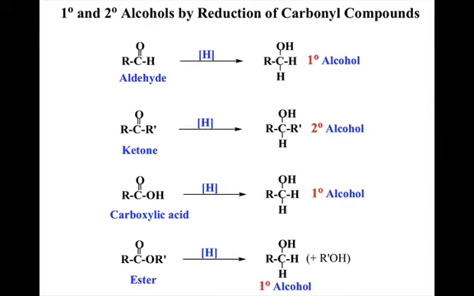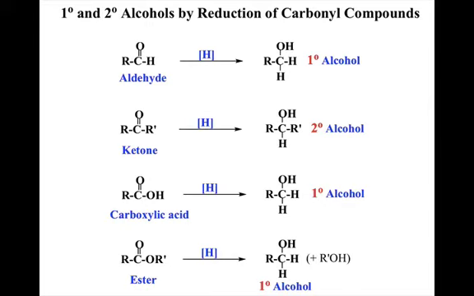So if we look at this, we notice that we can take an aldehyde and do a general reduction. Why am I using general reduction here? Because I'm not telling you which reagent does the chemistry yet, right? An aldehyde goes to a primary alcohol. Ketone goes to a secondary alcohol.